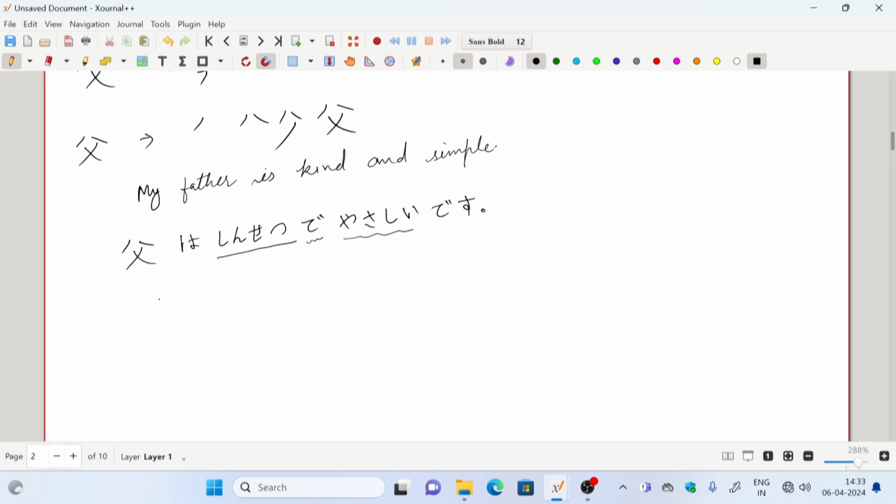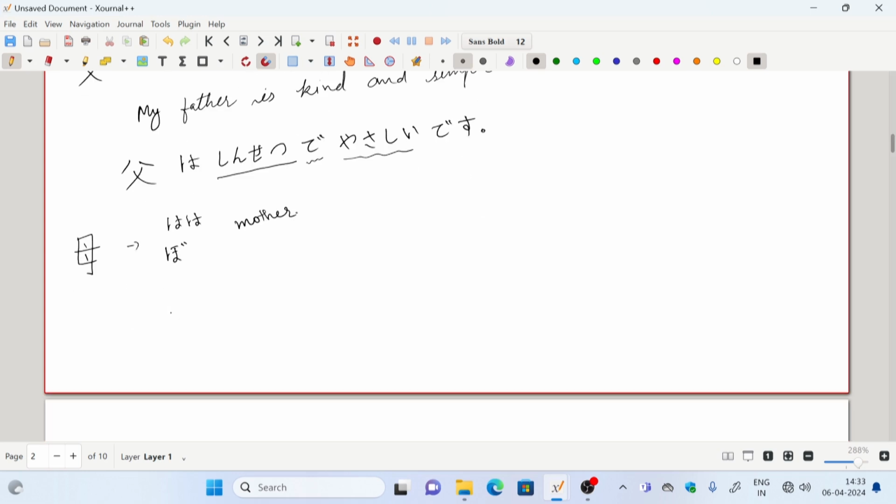Next kanji is haha, that is my mother. So haha, another reading is bo. It means mother. So when we say my mother cooks tasty food, my mother is haha, we'll use it with wa.